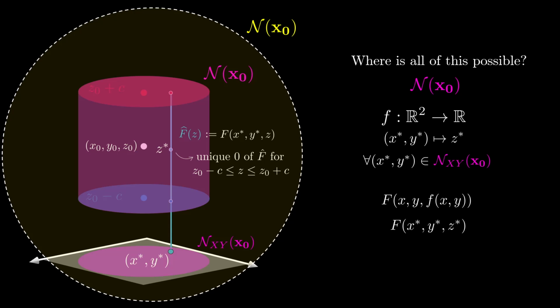By definition, this is the point where the final value of this f hat is 0, but f hat is this one, so this is 0, which means that this triplet x star, y star, and z star is a point of the surface. So we've just found that this function of x, y is just the function that we were looking for. This is our implicit function.